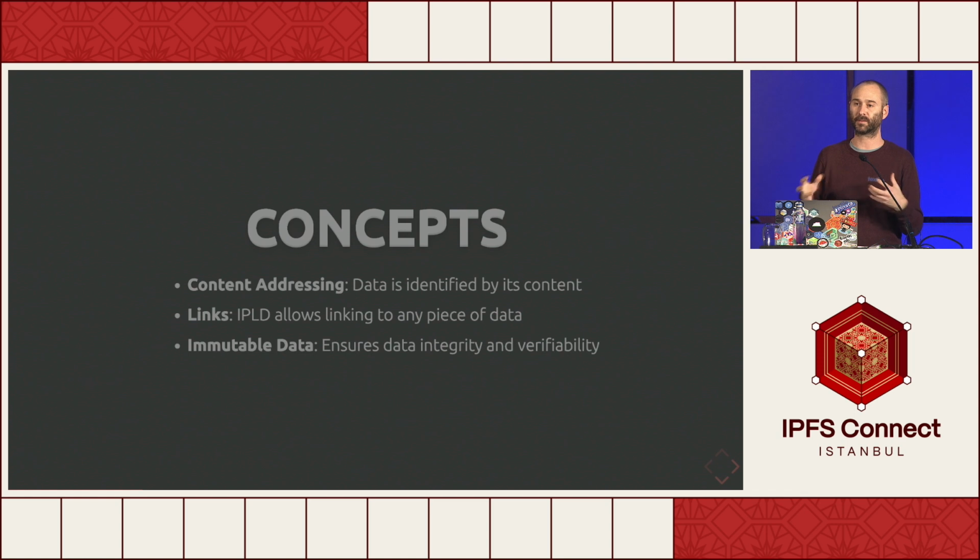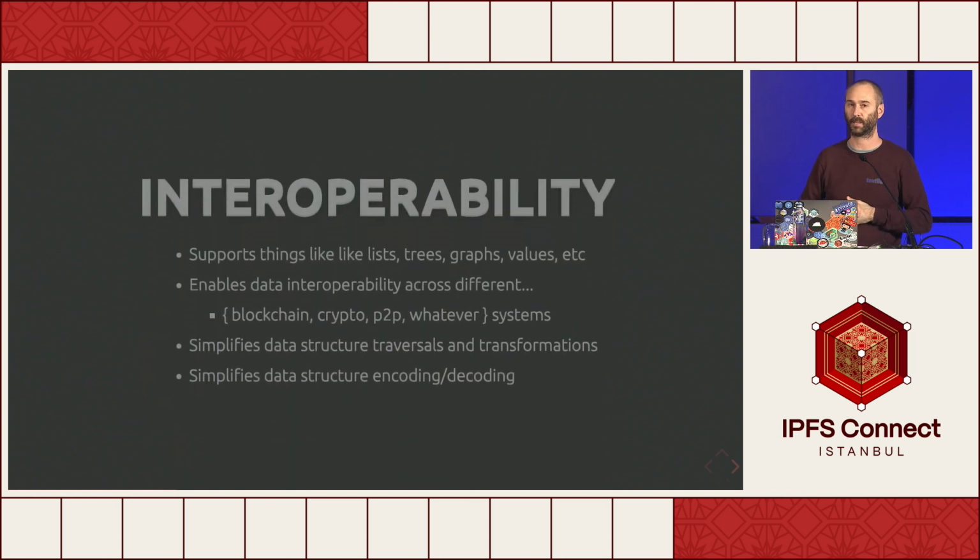But that doesn't mean that the semantic information that data represents is immutable. We can have dynamic web pages built on immutable data, and so it's a little bit misleading to call IPFS the permanent or immutable web, but that's what we're talking about when we talk about it. And a big piece of what we get from immutability is interoperability.